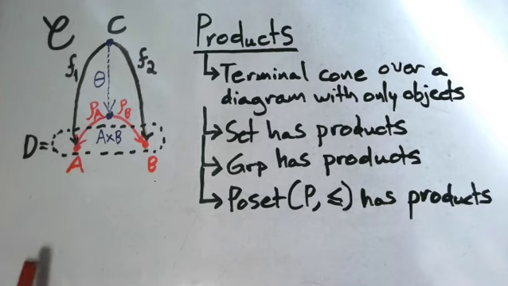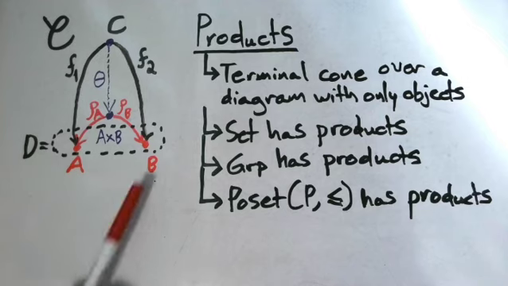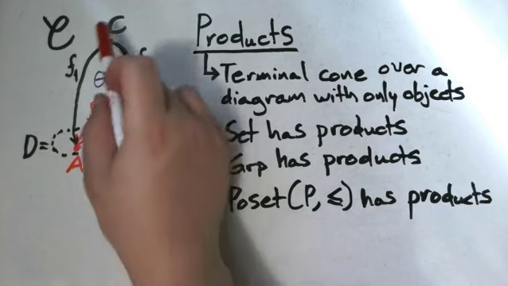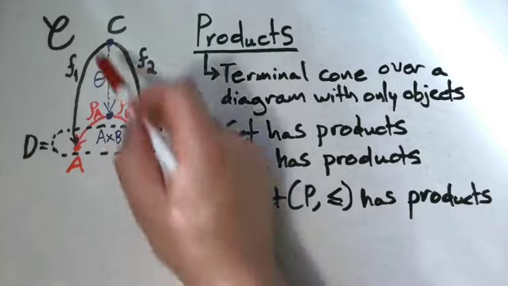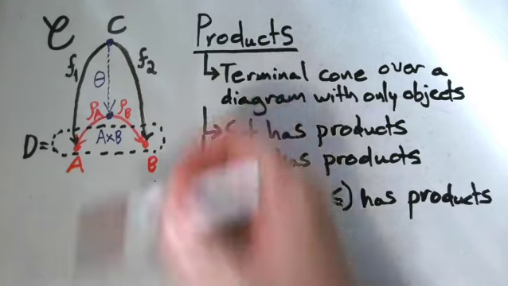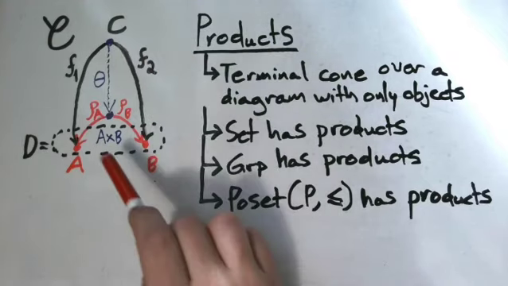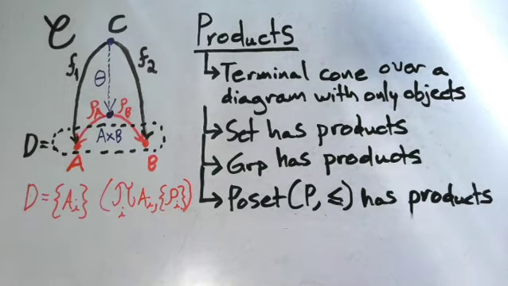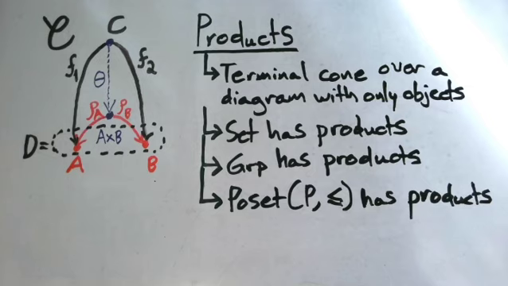We said it was an object and two projection morphisms coming out of that object, which go into the two objects in our discrete diagram, such that anytime we had another object with two morphisms going into each object respectively as well, there must be a unique morphism going from that object to our product object, and such that these two triangles commute.